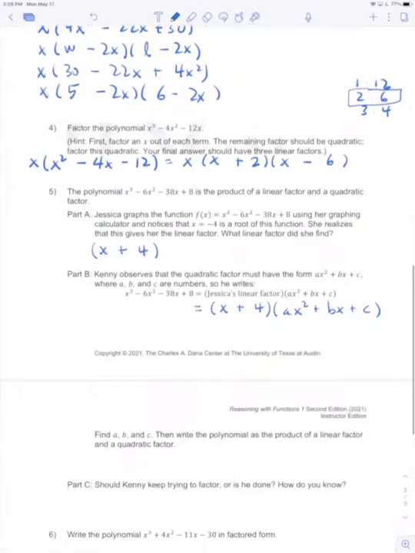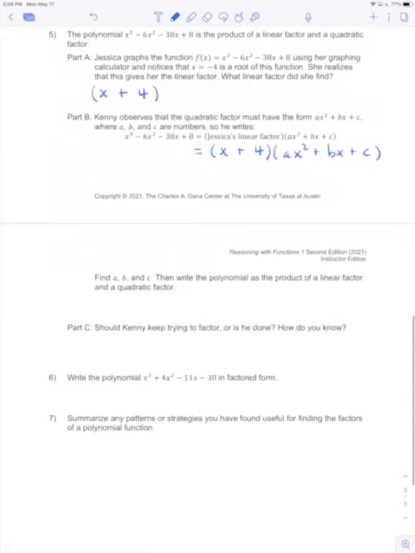I'm going to scroll up here, and it says find a, b, and c, then write the polynomial as the product of a linear factor and a quadratic factor. All right, so we have the factor x plus 4, and then we have the quadratic factor ax squared plus bx plus c. So why don't we, I'm just going to write this on the side here. We have an x and a 4, and then I have ax squared plus bx plus c.